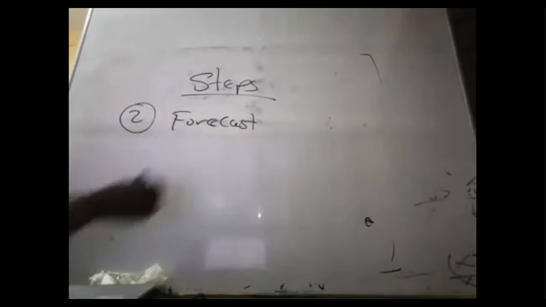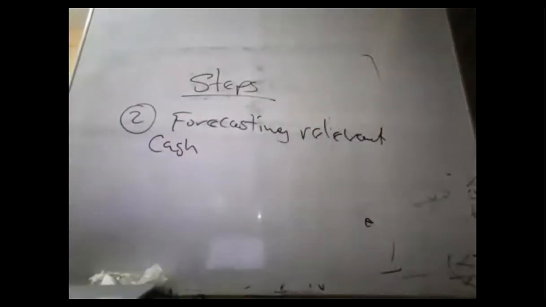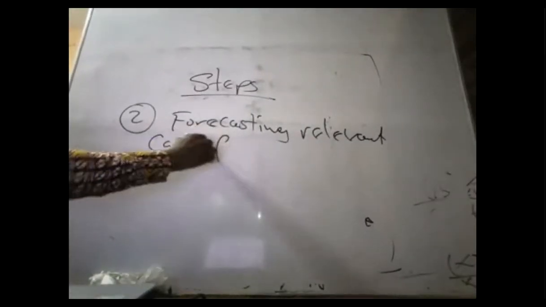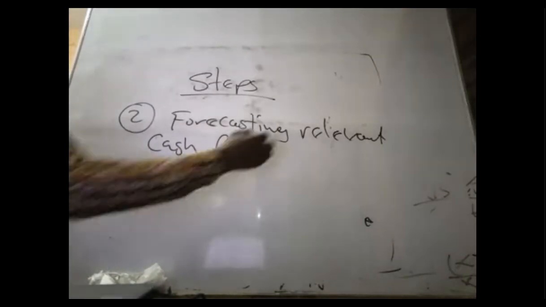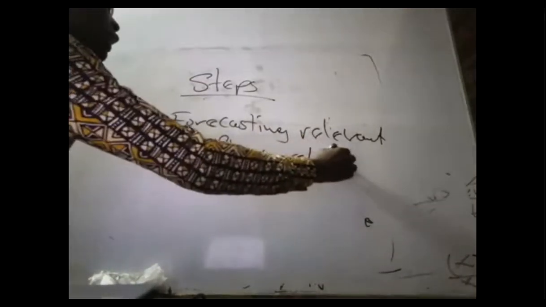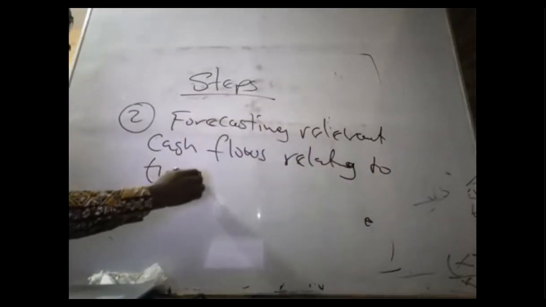So step 2, tell the examiner that we have to forecast relevant cash flows. We didn't say just cash flows, relevant cash flows relating to the project.